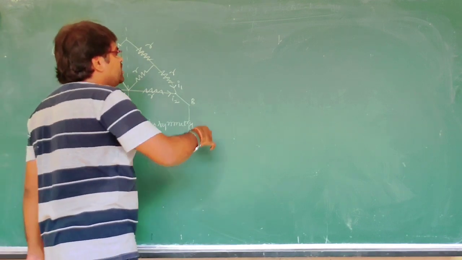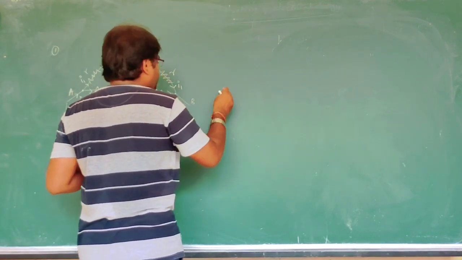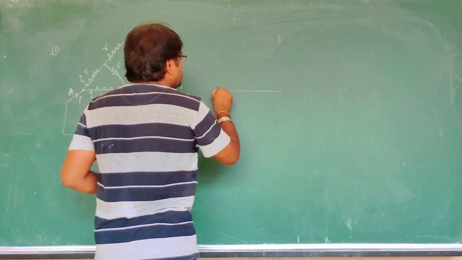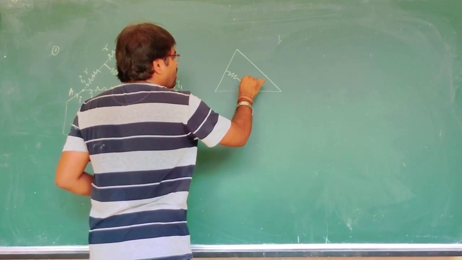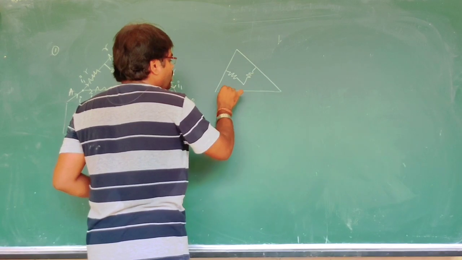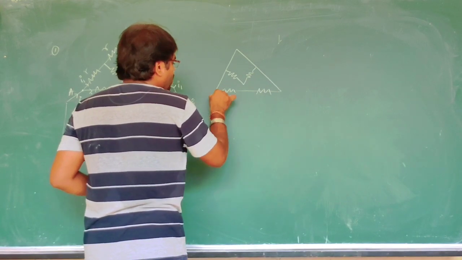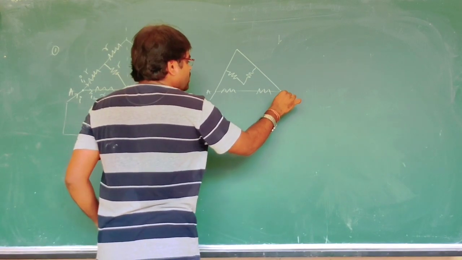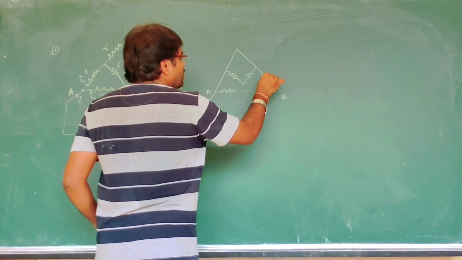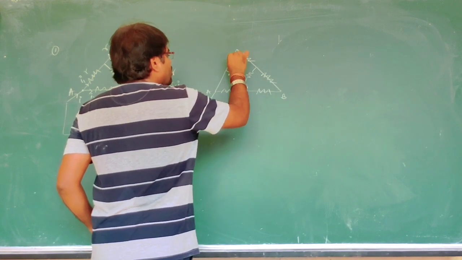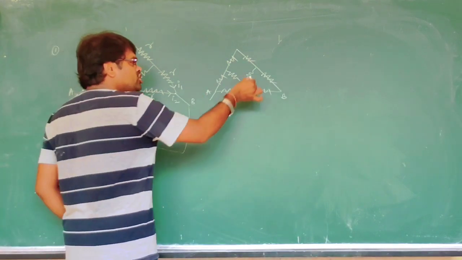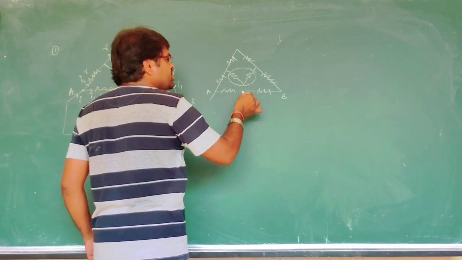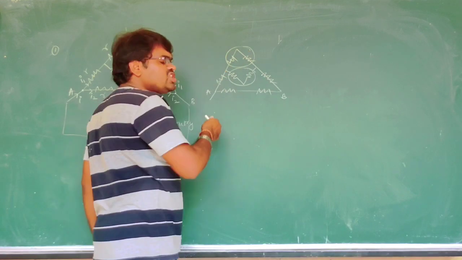Then the modified figure. How to modify it? See, simple. A, B. Now you say the answer is over. Now what? These two are in series. These two are in series.